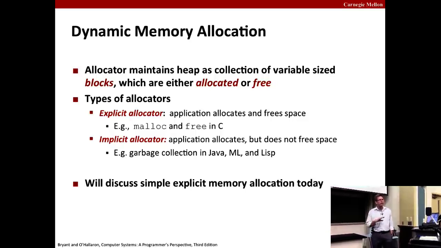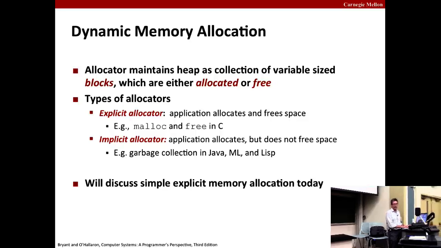So the burden of freeing the memory is shifted from the application program to the system, and it frees this memory implicitly, behind the scenes, using a process called garbage collection. Languages like Java, ML, Lisp, they all support implicit allocators. Now today we're going to discuss explicit memory allocators. On Thursday we'll get into implicit allocators and how they work.